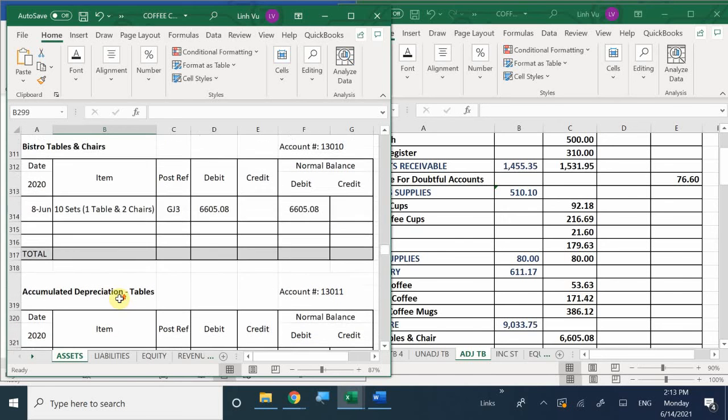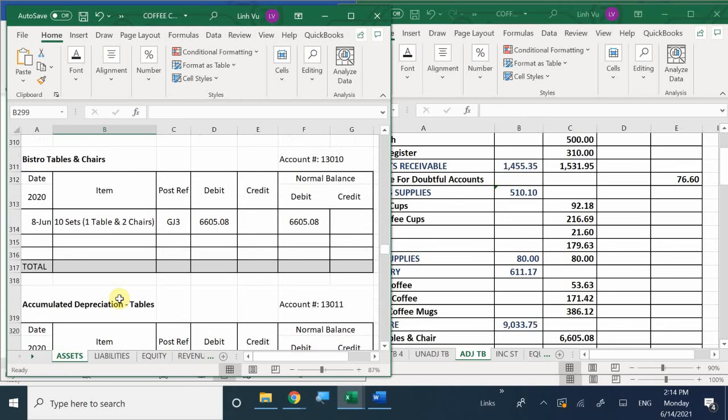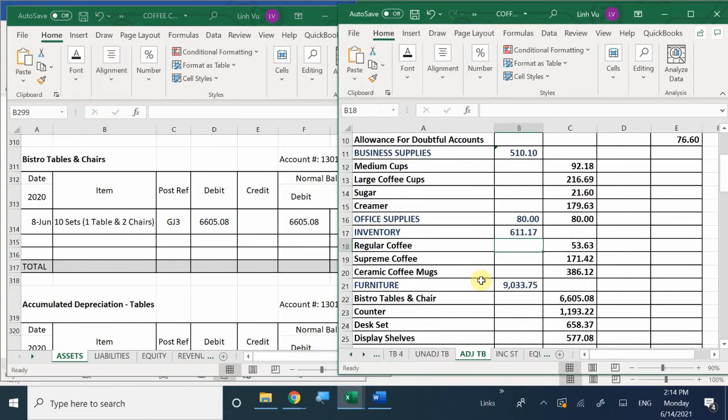And what we're going to do is calculate them against each other to give us a fair value or market value, or what do we call it? The book value of all of your furniture right now. Right now, my furniture is outstanding for $9,033.75.